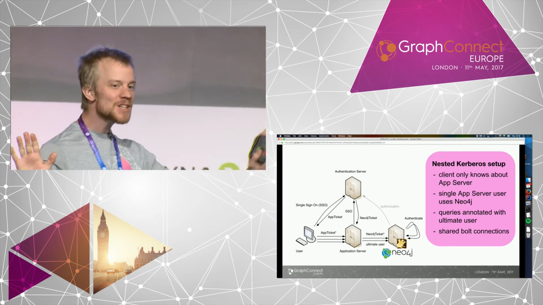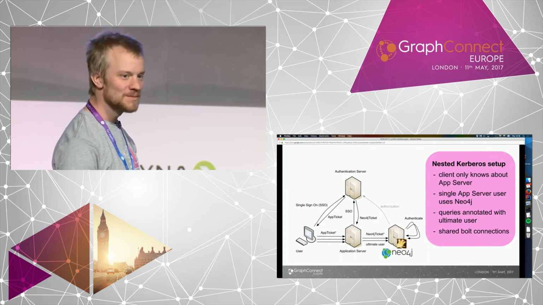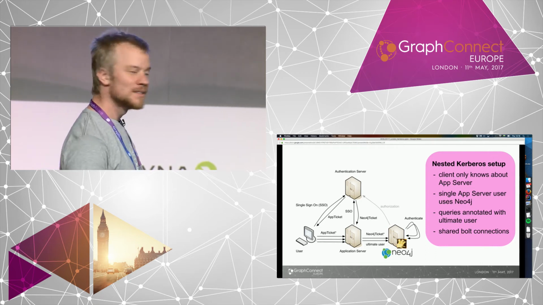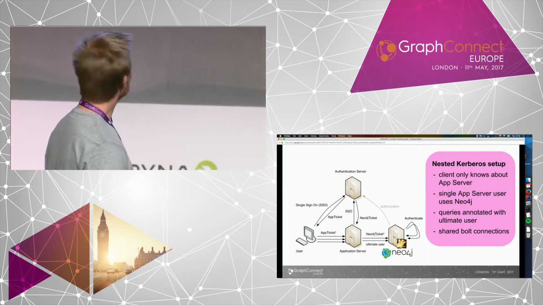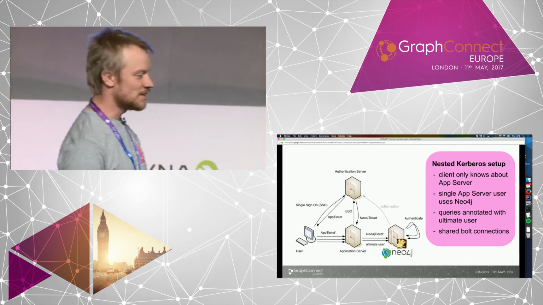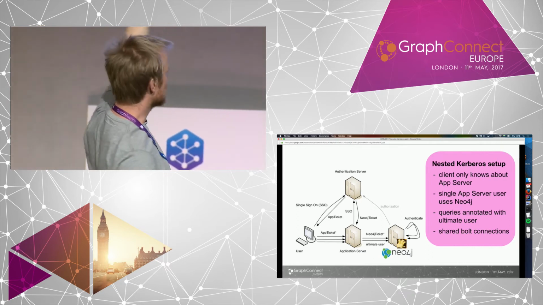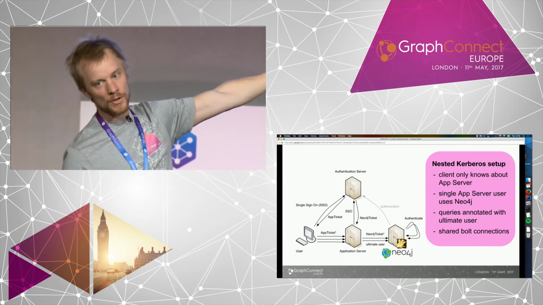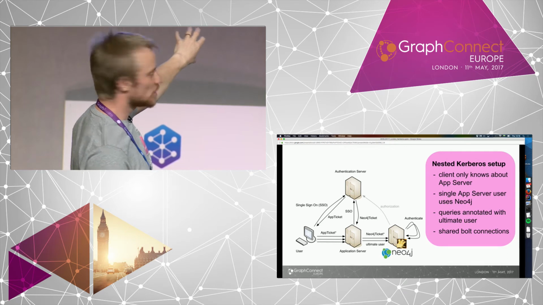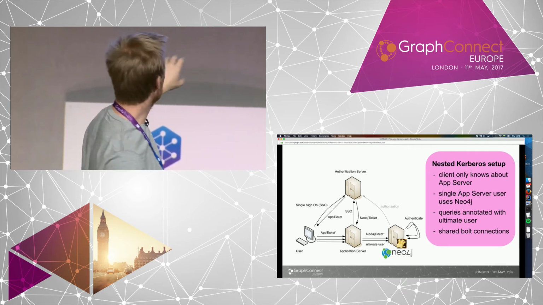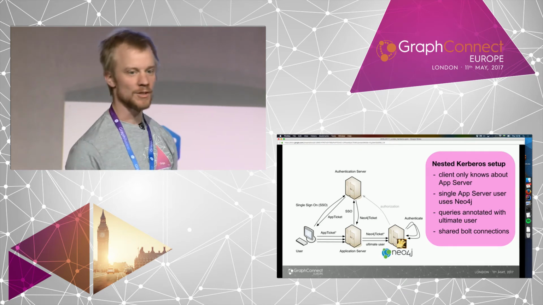I know it's a bit much, 4 nodes, take it easy. But they're essentially still the same. We have a user on the left, we have an authentication server on the top, we have the cluster far to the right, and then there's just one layer in between, which is called the application server.